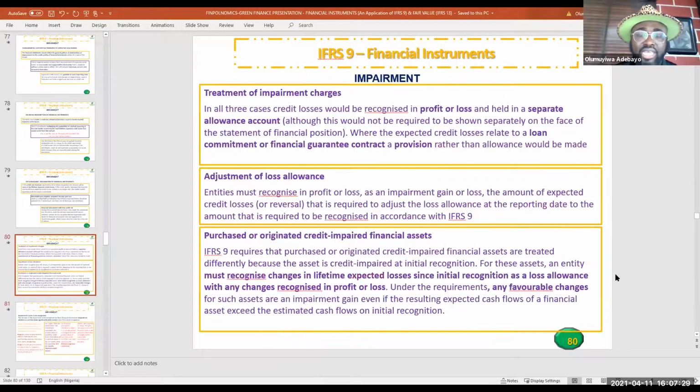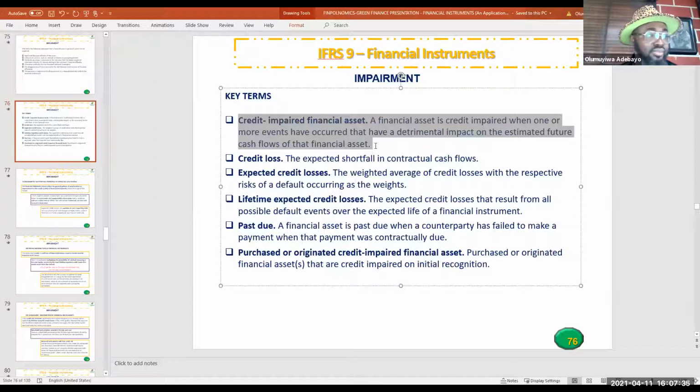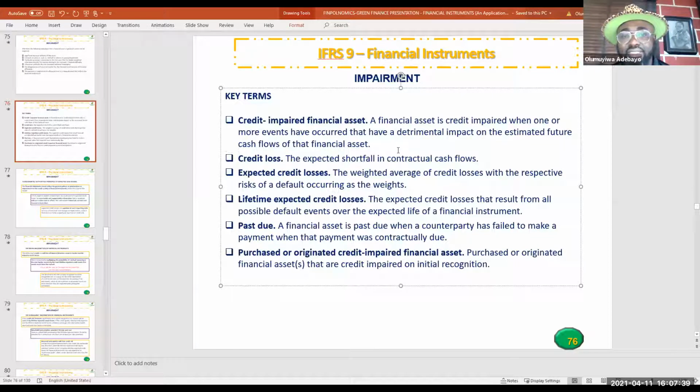Now, let me give you the IFRS 9 definition of it. IFRS 9 defines it thus: a credit impaired financial asset is a financial asset when one or more events have occurred that have a detrimental impact on the estimated future cash flows of that financial asset.